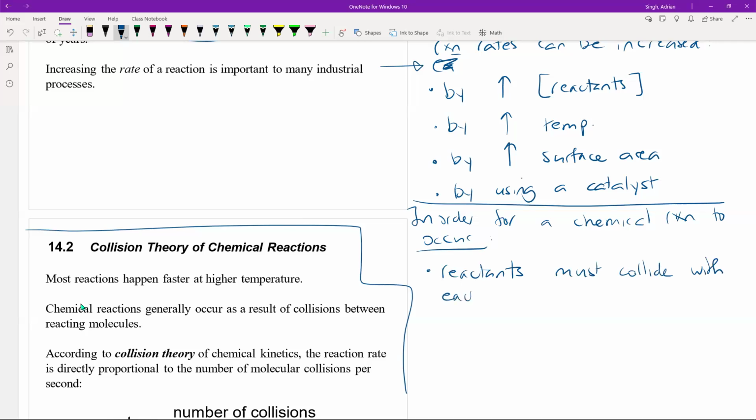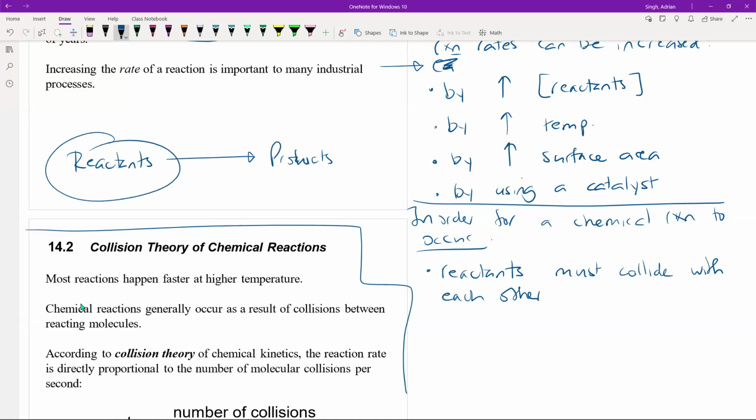That's assuming that our chemical reactions are fairly simple in terms of how we approach them. Normally, when we have a chemical reaction, we have reactants on the left, producing products on the right side. So in order for this reaction to happen, to produce these products, these reacting particles have to collide with each other.